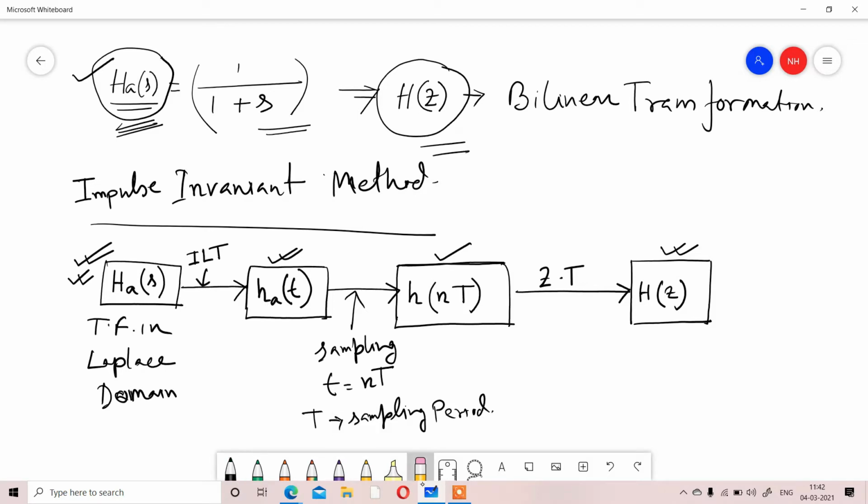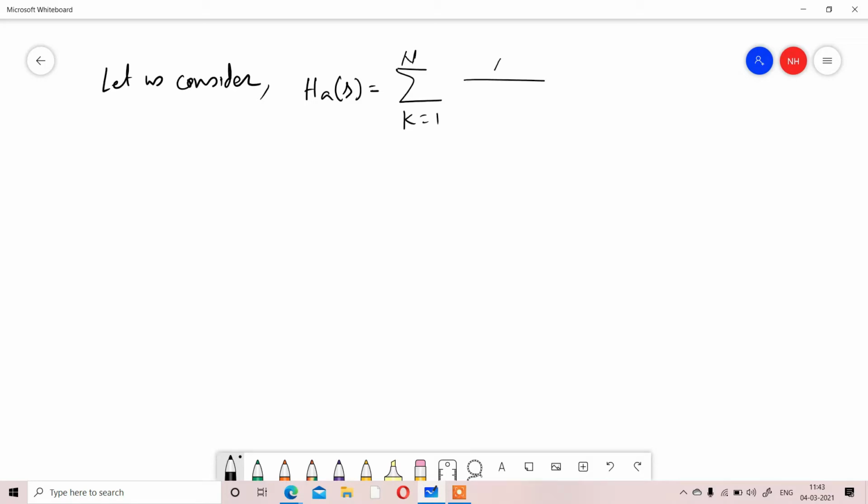Now, okay, simply let us consider H_a(s) as the summation over k equal to 1 to N of a_k by (s minus p_k), means simply a1 by (s minus p1) plus a2 by (s minus p2) plus a3 by (s minus p3), like that.